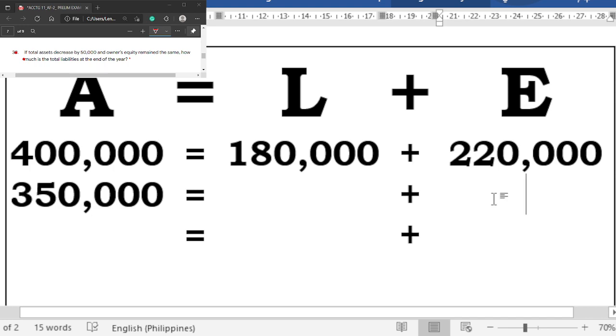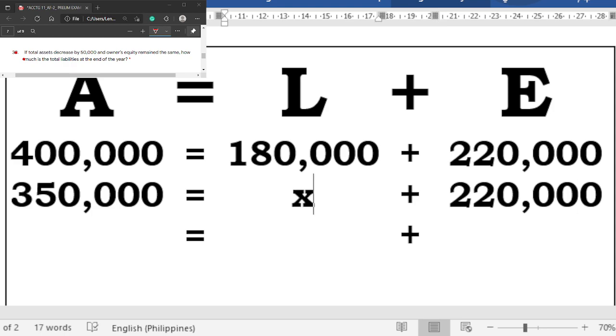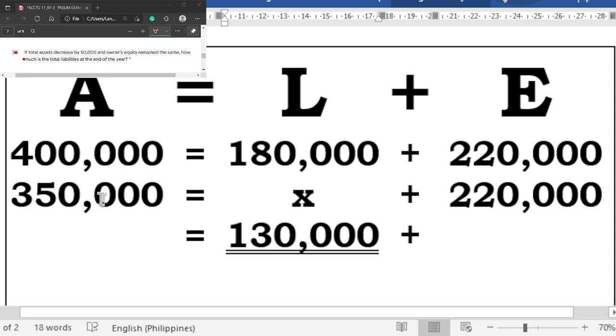So again, this is 220,000. So the question is, how much is our liability? So our answer for this is 130,000 pesos. So that is 350 less 220,000.